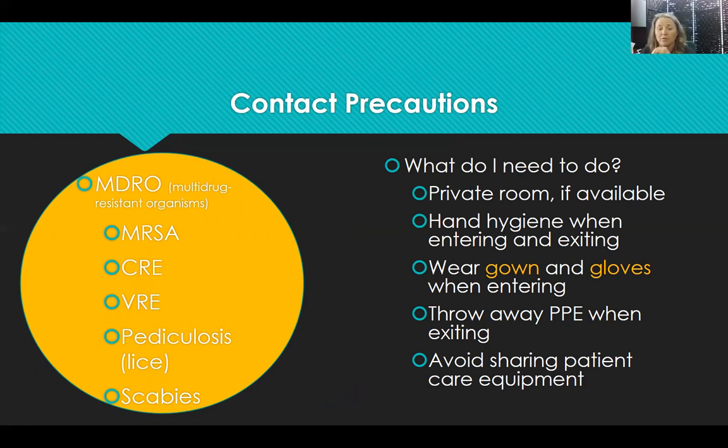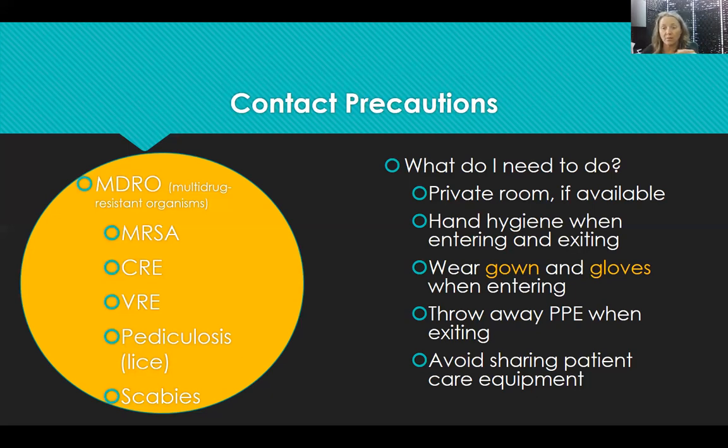It means they're resistant to the antibiotics that are typically used to treat them. Lice are also treated as contact precaution. Scabies, and with varicella, if you have open lesions, then you would also be on contact.